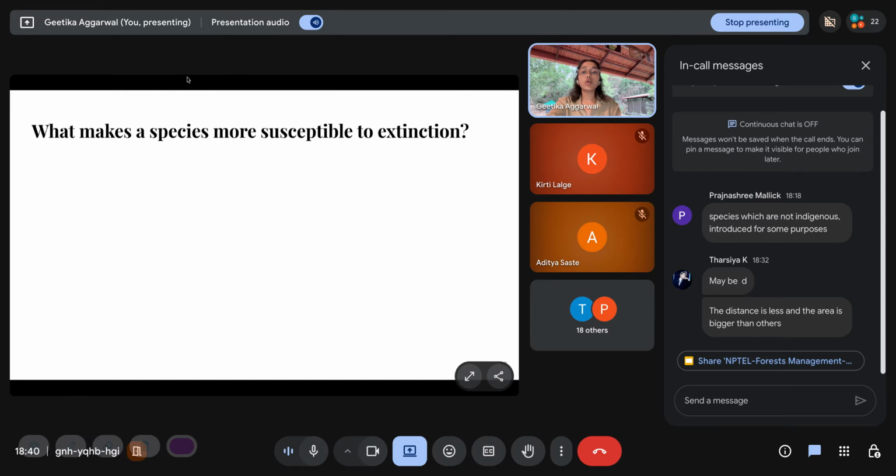Now, when talking about extinction, what do you think makes a species more susceptible to extinction? Can you guys think about some factors that might make a species more susceptible to extinction?